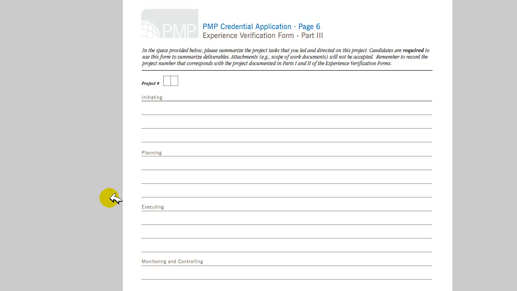I see what you're saying, and it's definitely a valid concern that you have. I can't say this for sure because I don't work for PMI or review these applications myself, but if I were reviewing these applications and I looked at an experience verification form and it looked very scripted, you know what I mean? Like it looked like someone just pulled a bunch of good words out of the PMBOK guide and copied and pasted them in here.